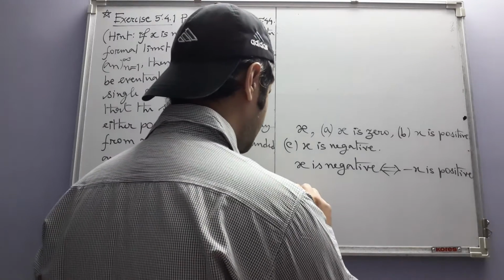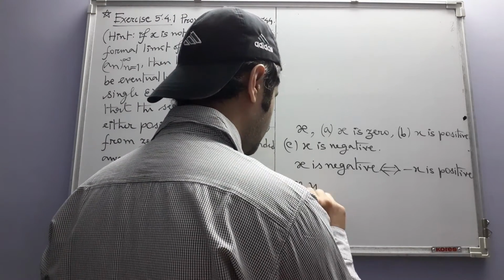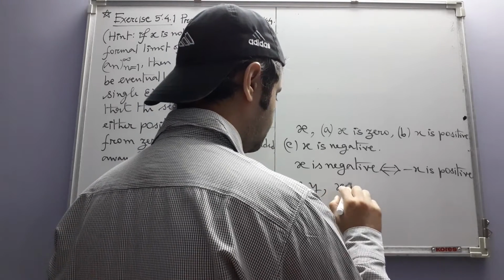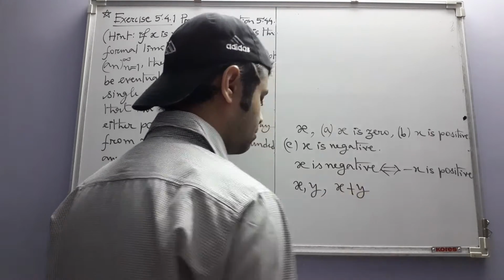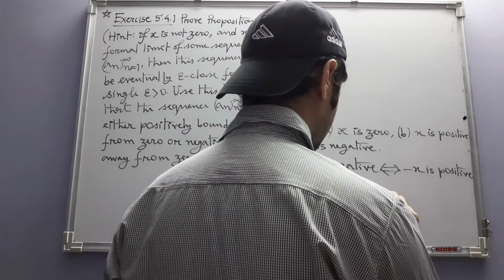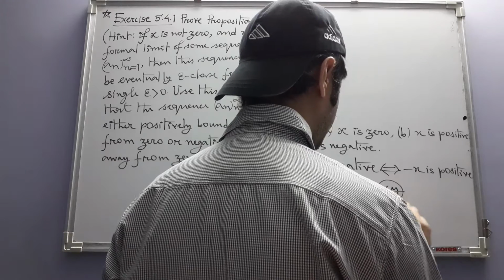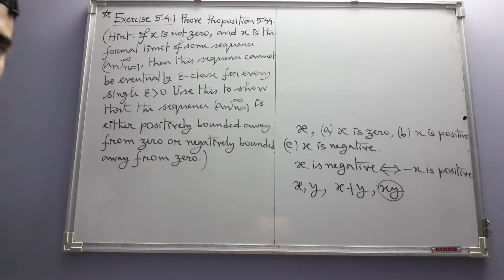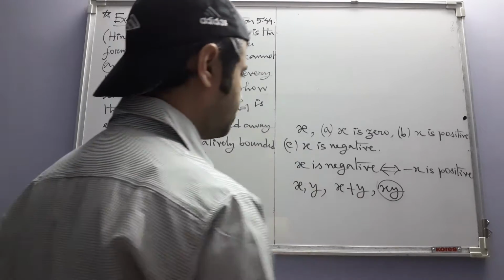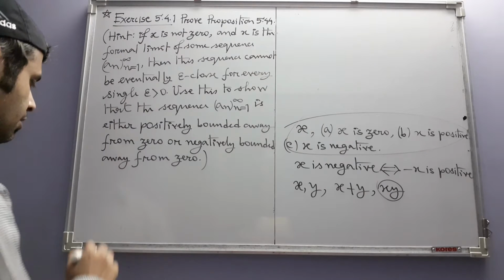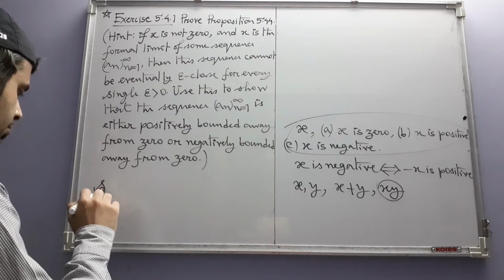And in the third part we have two positive real numbers x and y. We have to prove that x plus y is also positive, and I think we also have to prove that xy is positive. So we will handle this one by one. So let us first show this part. Let's start the solution.